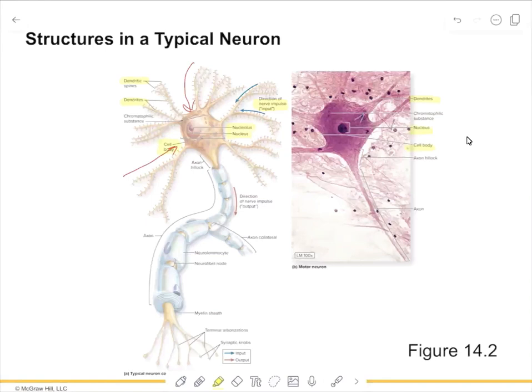Once it makes the decision, it sends information out of the cell body via the axon, and the axon takes the information away from the cell body. So notice the direction of this arrow is leading away from the cell body towards the synaptic knobs. And the synaptic knobs, terminal arborizations, and axon collaterals are all modifications of the axon.